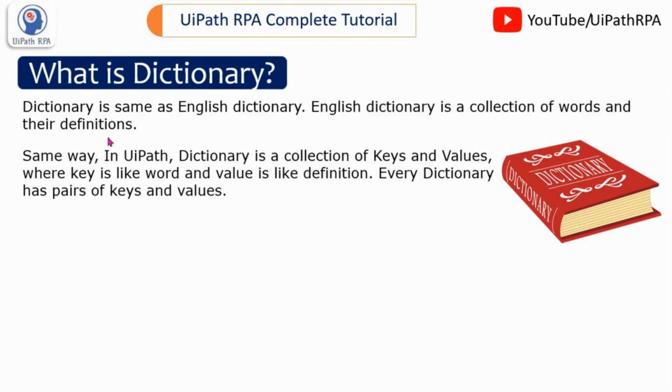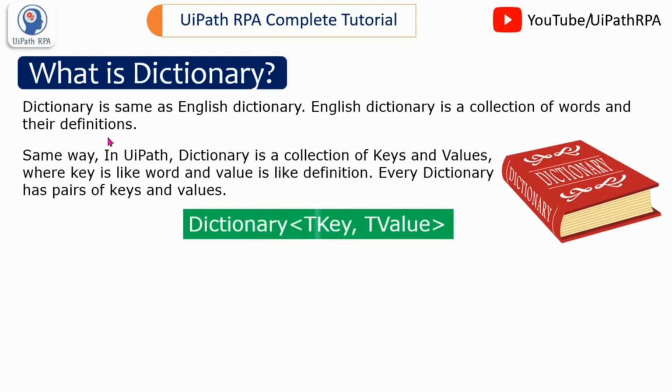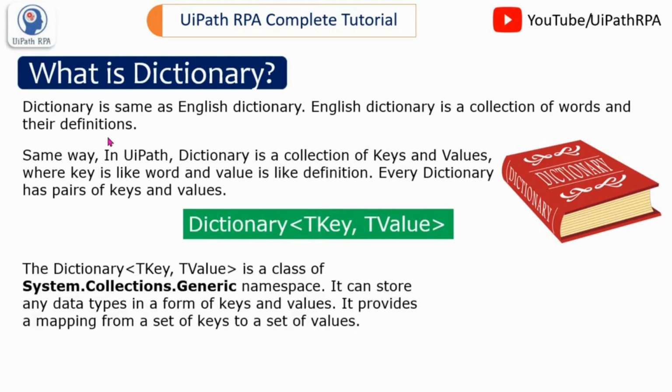Every dictionary has pairs of keys and values. You can see here Dictionary<TKey, TValue>. The Dictionary<TKey, TValue> is a class of the System.Collections.Generic namespace. It can store any data types in the form of keys and values.